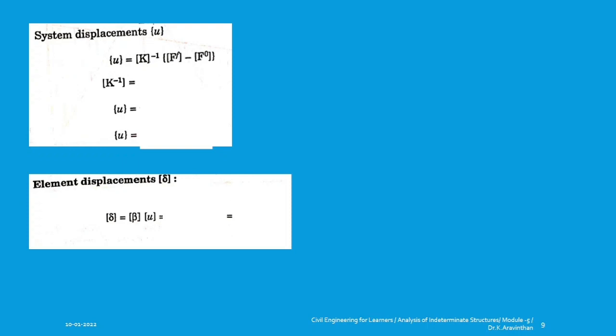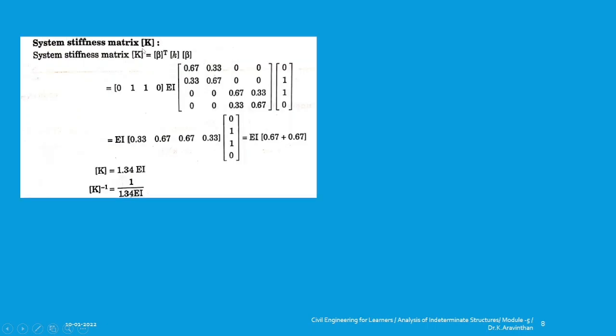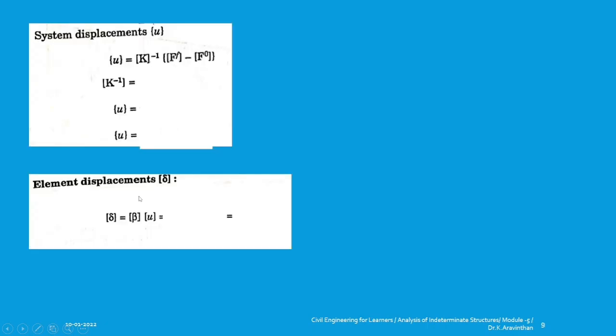Okay. Next step is the system displacement. This is step number 7, and it is indicated by the letter U. How to find the system displacement? U equals K inverse. K inverse you have just found, which is 1 by 1.34 EI.